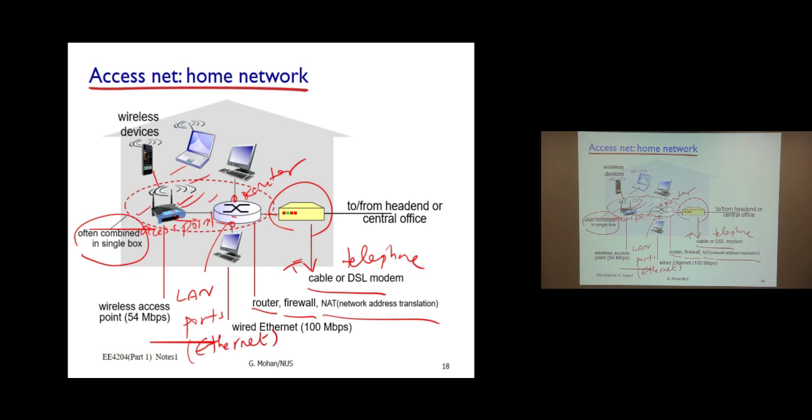So if a home has, let's say, 10 devices, then we need 10 addresses. If we have millions of homes, or in the world billions of homes, you just imagine how many addresses we need. So we need lots of addresses.